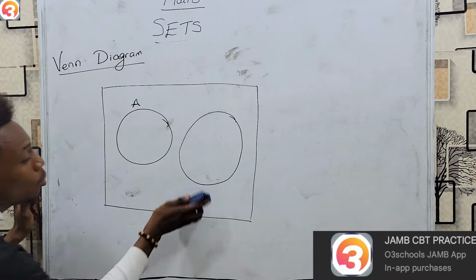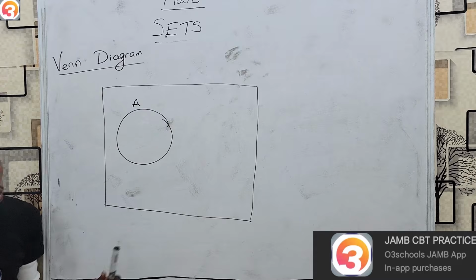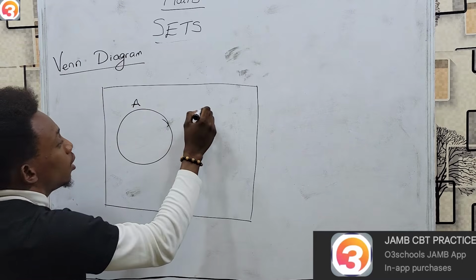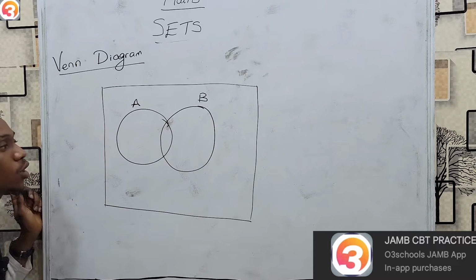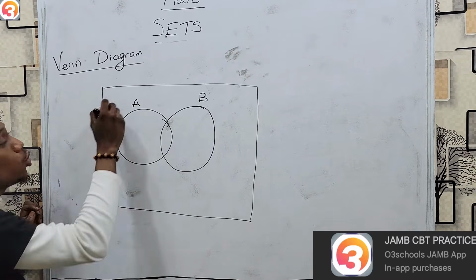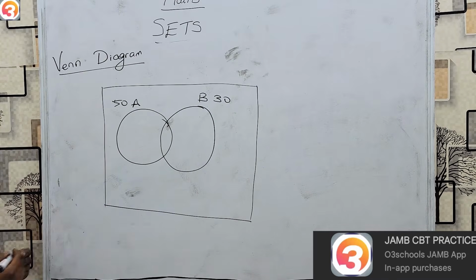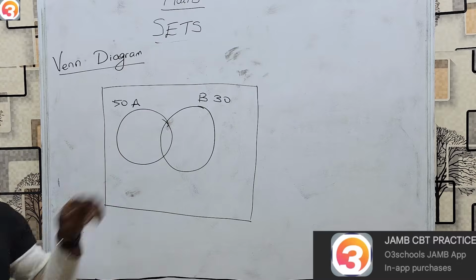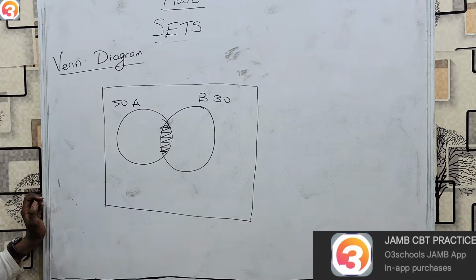But as is more common in questions, if they have some elements in common with each other, then there's an area of overlap. What this means is, if there are 50 people in A and 30 in B, some of those 50 actually belong to both A and B. Anything within here belongs to A and B.